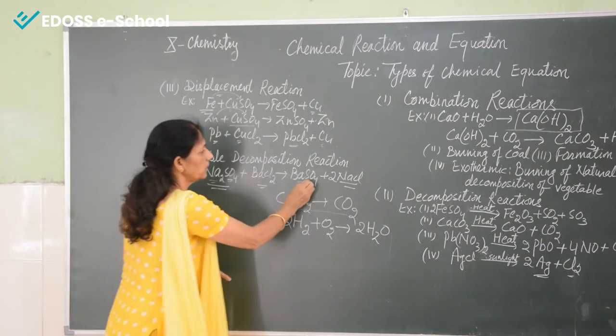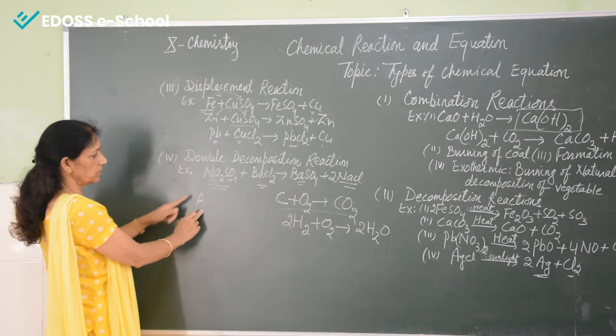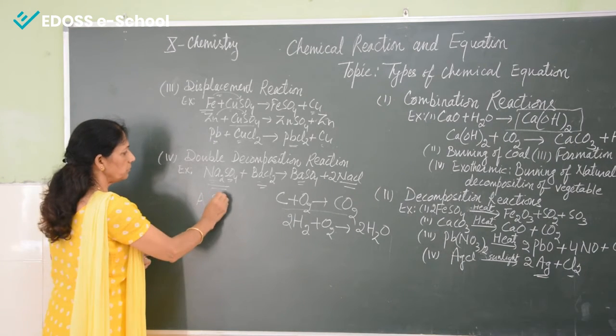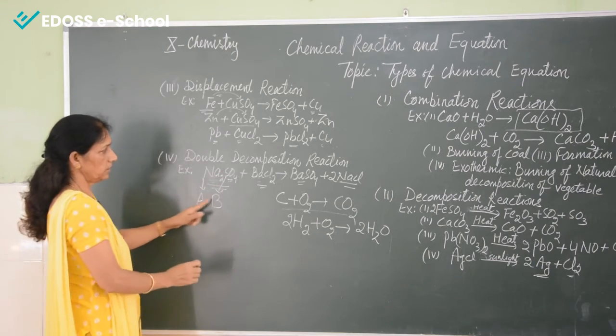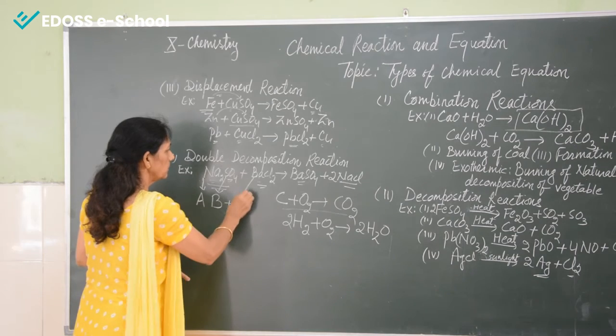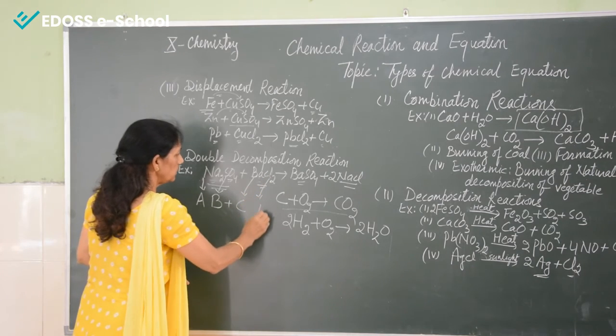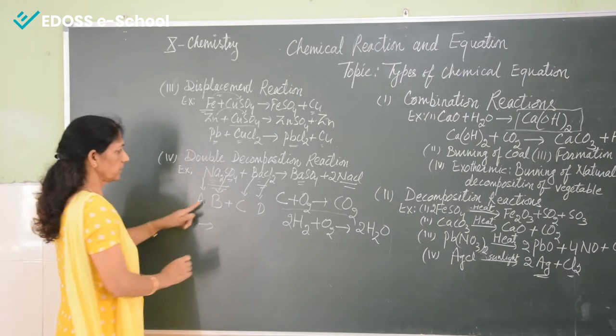This forms barium sulfate. Simply, we can say that if sodium is A and sulfate is B, this is A and this is B, and here this is C and this is D. So AB plus CD, what will happen?